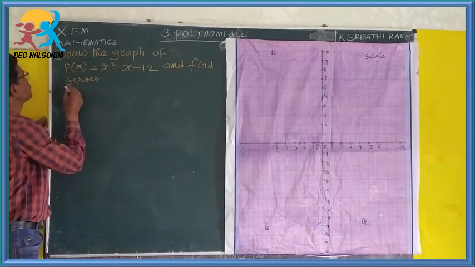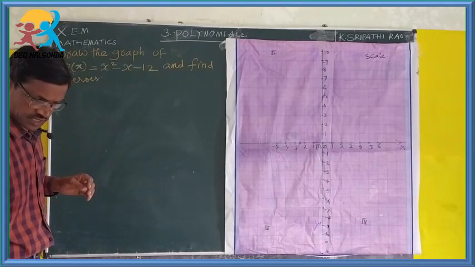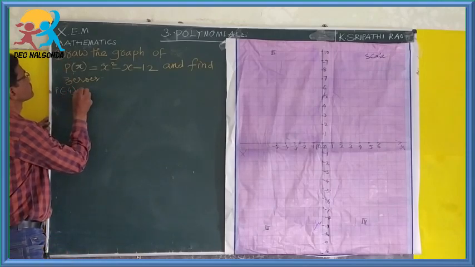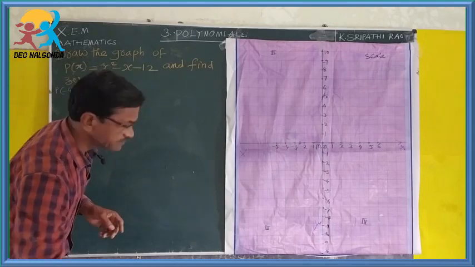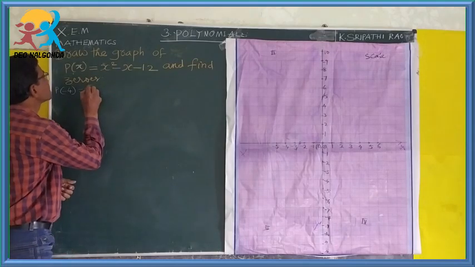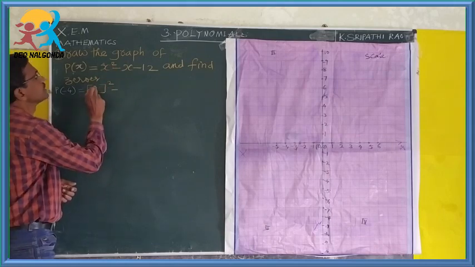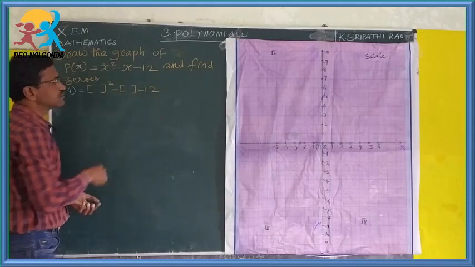Let us substitute one value first. P of minus 4. Let's start from minus 4 to plus 4. Here put x is equal to minus 4. Keep a gap for x square and substitute the values in the place of x.